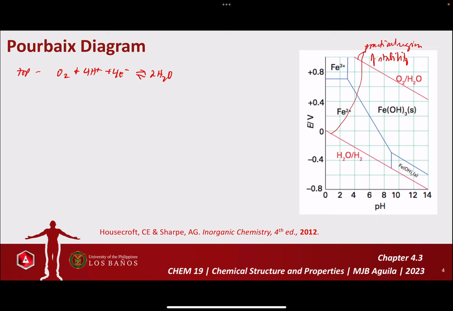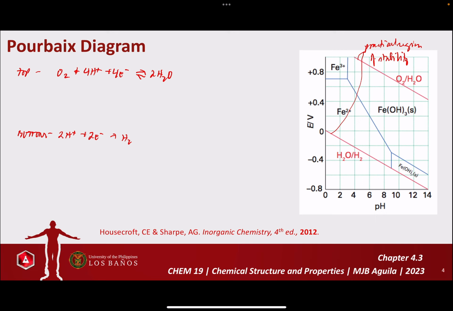The bottom line is represented by the equilibrium 2H plus plus 2 electrons to give you hydrogen gas. So these are the important equations representing the equilibrium on that border of the practical region of stability.